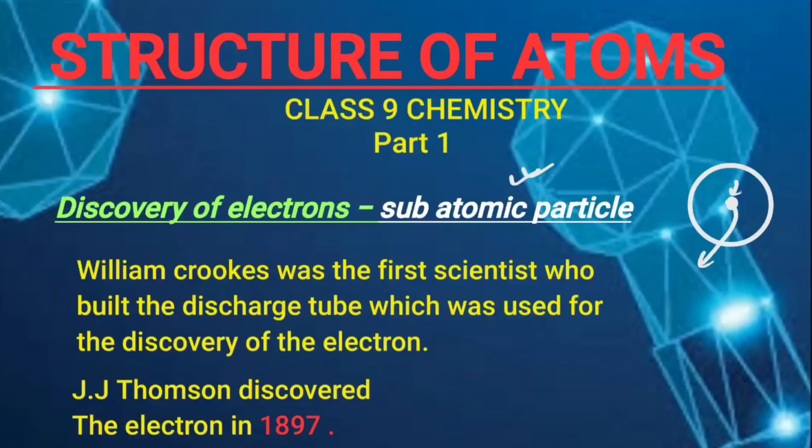All the mass is concentrated into this place known as the nucleus, and this nucleus is made up of particles known as protons and another particle known as neutrons. So these are the particles inside of a very dense structure known as the nucleus.